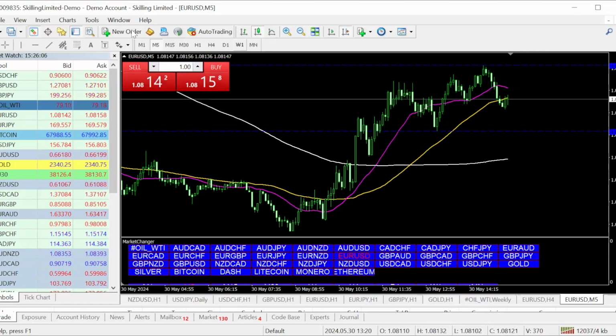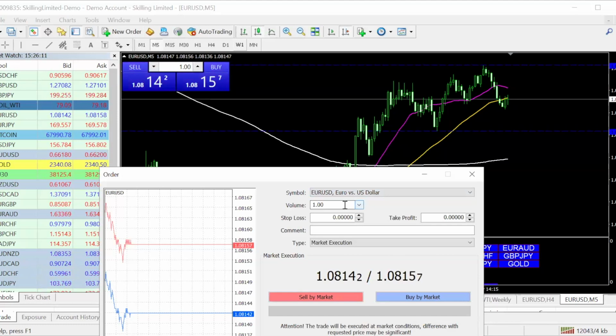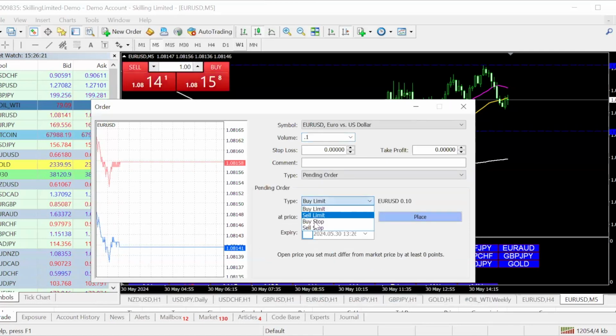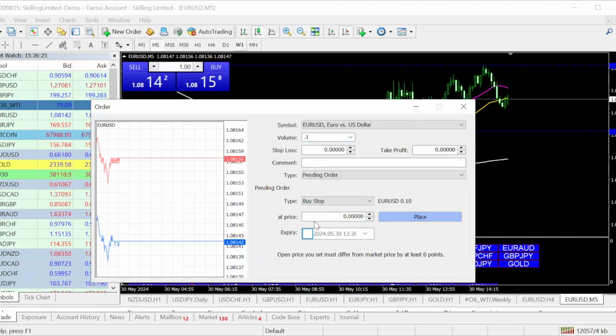So let me just use that, but use a very minimal risk factor there. So you go back there, select pending order, and then use buy stop. So for buy stop, I'll say buy stop at 1.08265.